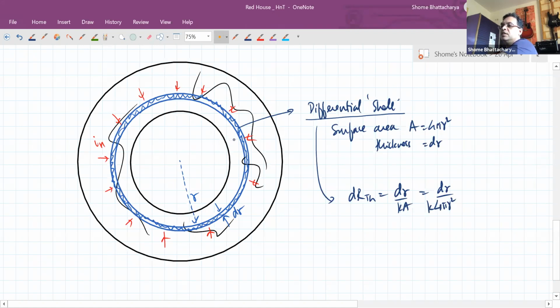And all these shells, one after the other, are in series combination with each other. The current is going through them like this. So the net thermal resistance will be this integration.